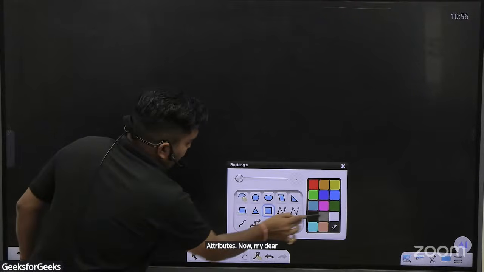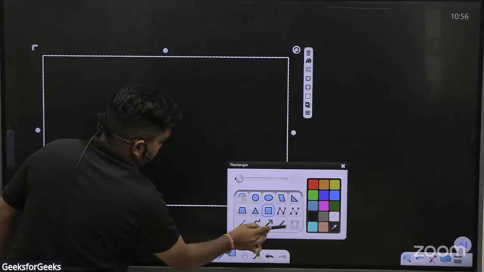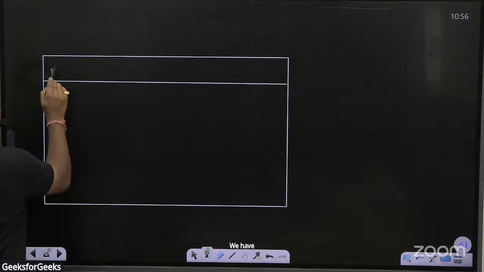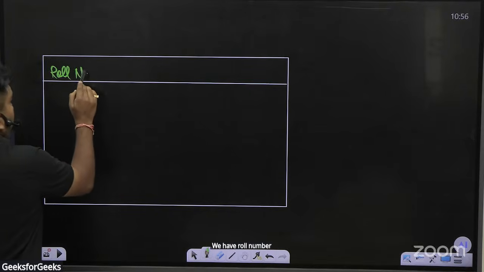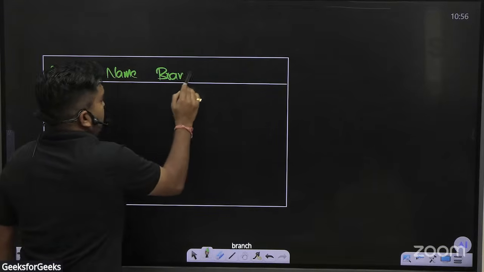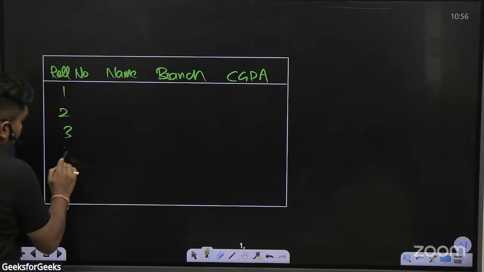Now, my dear, assuming we are taking one table in which we have roll number, name, branch, CGPA. Roll numbers 1, 2, 3, 4, 5, 6.